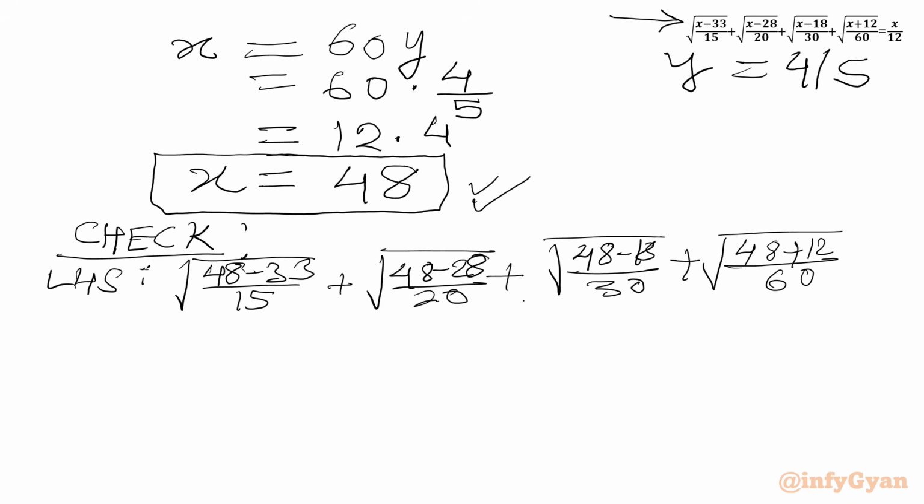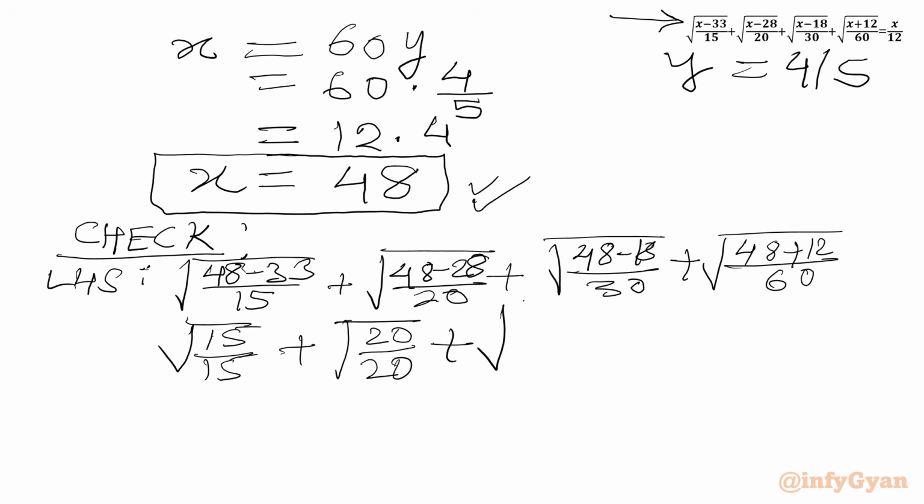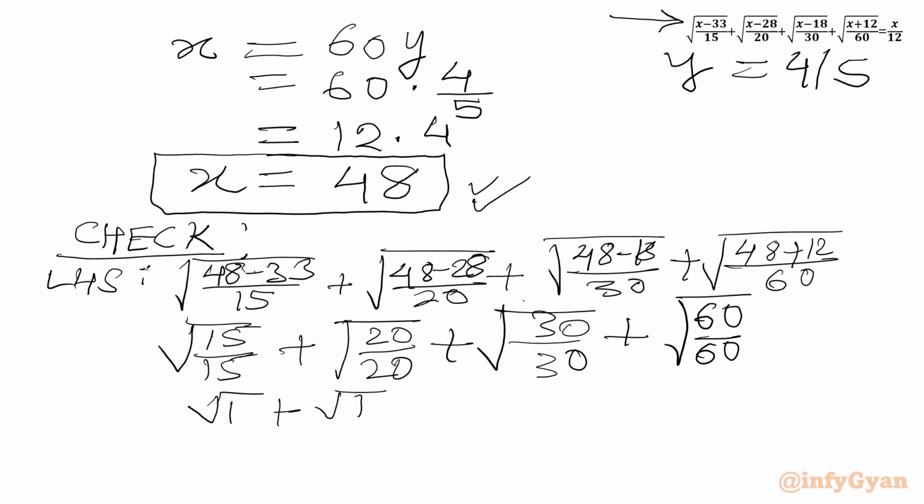Now 48 minus 33 is 15. We will write here square root of 15 over 15 plus 48 minus 28 is 20. So 20 over 20 plus square root of 48 minus 18 is 30. So 30 over 30 plus square root of 60 over 60, which will give us square root 1 plus square root 1 plus square root 1 plus square root 1 will be equal to 4. 1 plus 1 plus 1 plus 1.